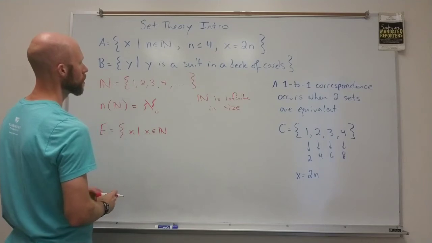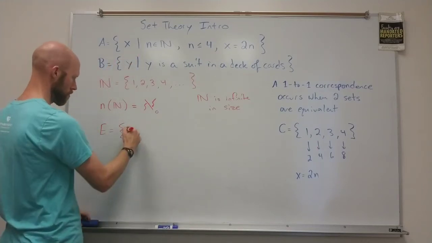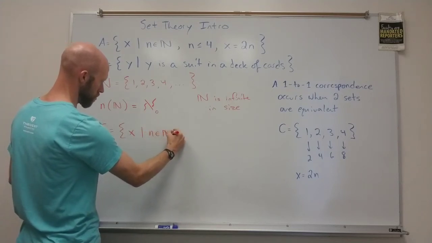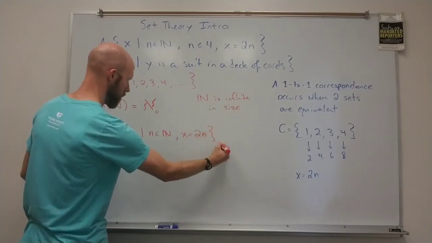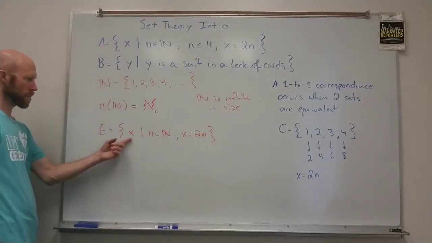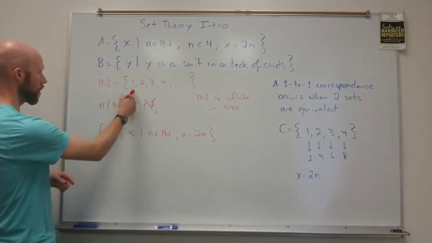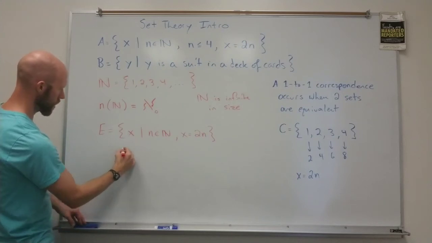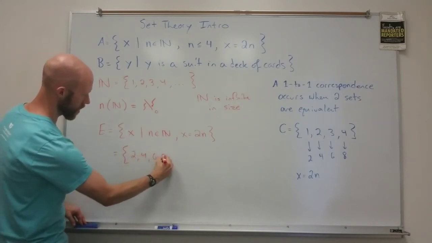Oh, it would be similar to this, wouldn't it? x such that n is a natural number and x is equal to 2n. Right, that'd be the set of all even numbers. In fact, I could list them all off. Instead of 1, 2, 3, 4, and so on, it's actually the set 2, 4, 6, 8, and so on.